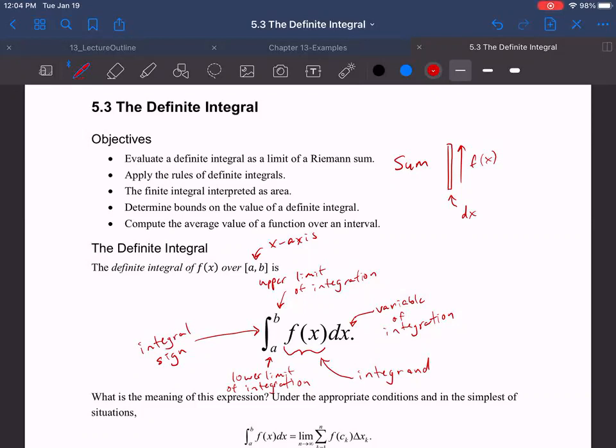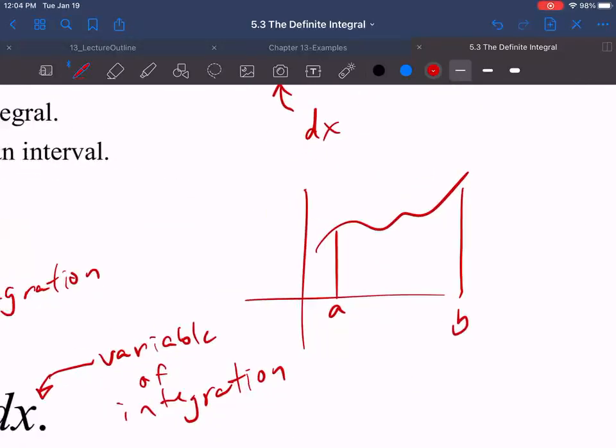All right, so we have some sort of function. We're coming in here from a all the way out to b, and I'm gonna zoom in on this for a second. We are making little rectangles with a width of dx and a height of f of x, right?